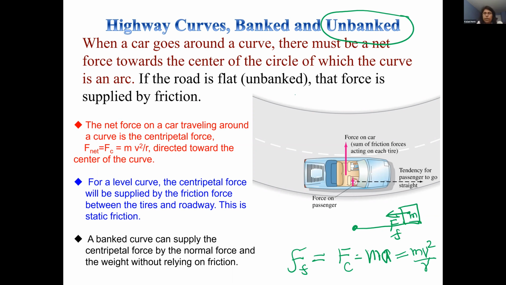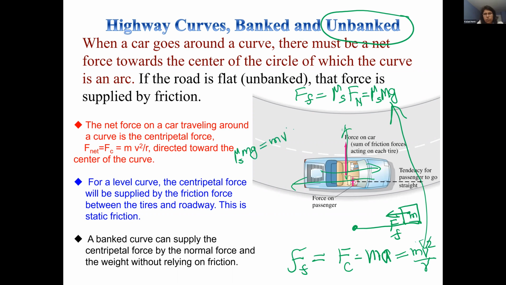In this case it is static friction, not kinetic friction. The vehicle is moving this way, so the kinetic friction will be this way, but I'm talking about the friction toward the center. That will be static friction, the static coefficient times the normal force. The normal force will be just the weight of this car, mass times g.